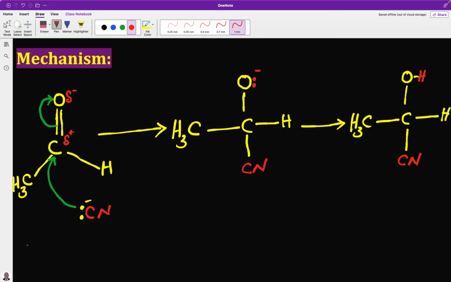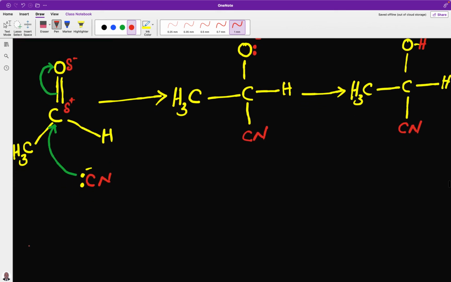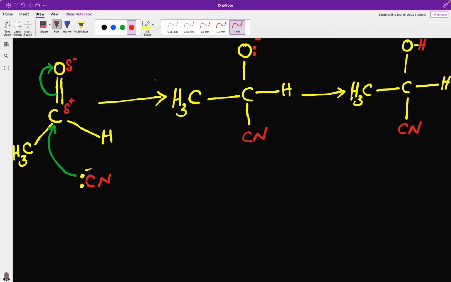Nucleophile attacks. Here I can write in simple words, nucleophile attacks on a partial positive carbon. The carbon that is partial positive.